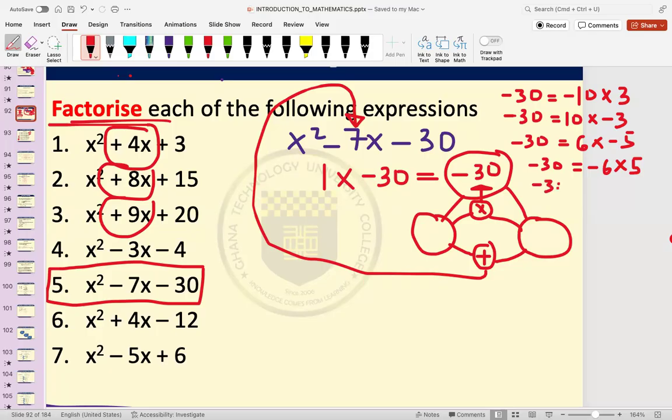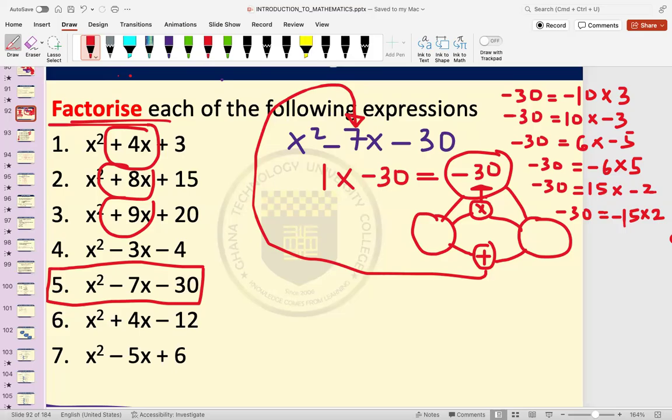Again, when I multiply 15 by negative 2, it will give me negative 30. Another option is multiplying negative 15 by 2. That will give me negative 30. So at least if I don't know anything at all, I know that these 1, 2, 3, 4, 5, 6 options, all of them, when I multiply them, I'll have negative 30.